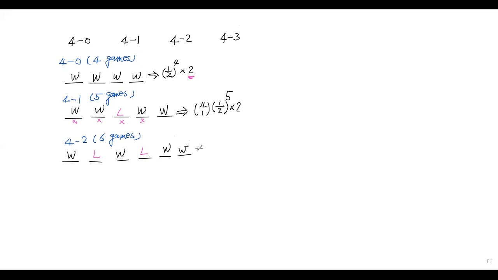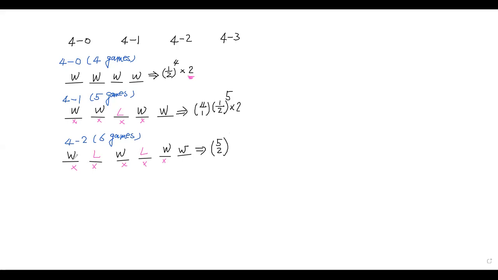It's evening. But in here, how many spots can I choose? 1, 2, 3, 4, 5, right? So 5 spots, I can choose 2 spots. These 2 spots will be losing the game, but they are still 1/2.